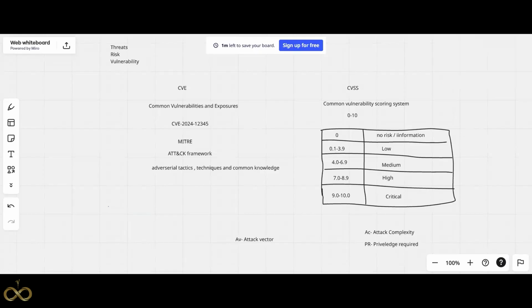Alright. Publicly disclosed vulnerabilities generally have a unique ID. Can two different vulnerabilities have the same CVE number? No. Can a CVE ID tell us whether that vulnerability is critical or low? No. Everybody said no. What is the highest CVSS score that you get? 10.